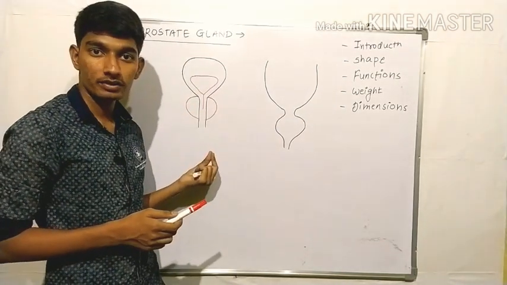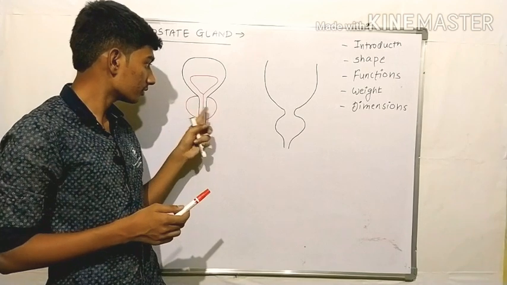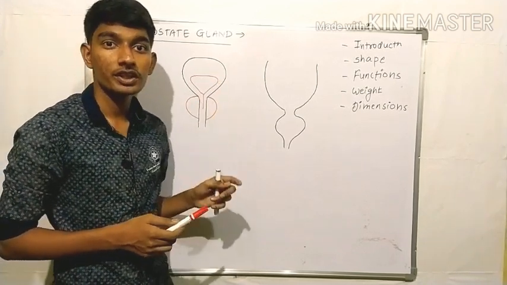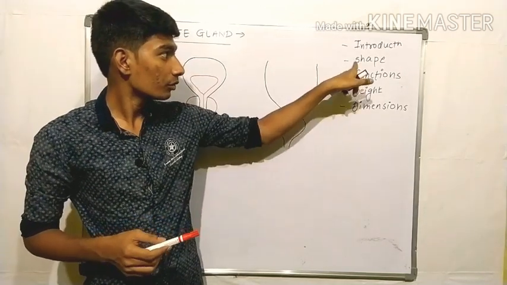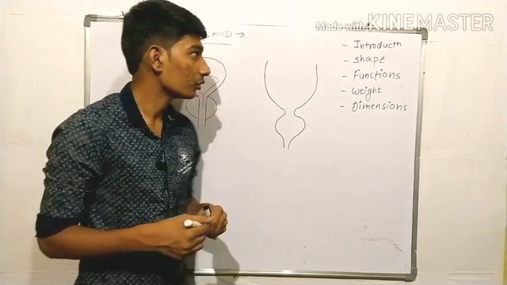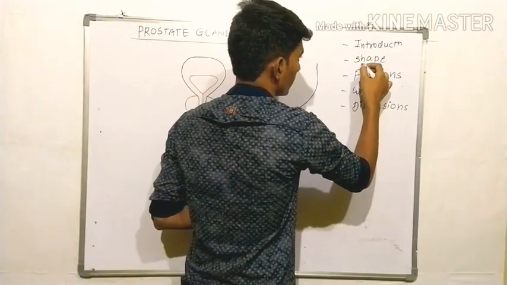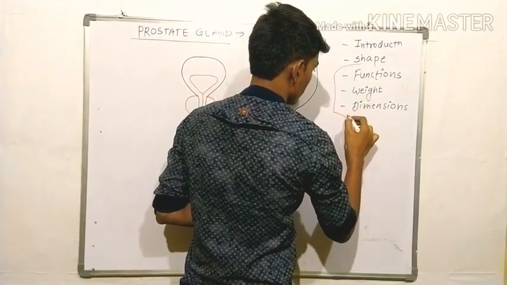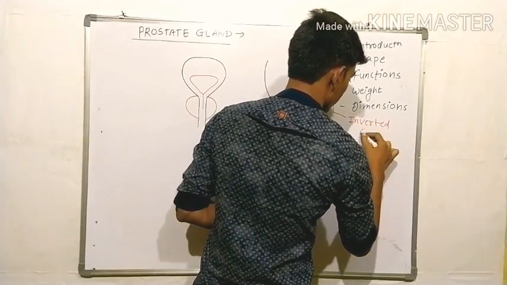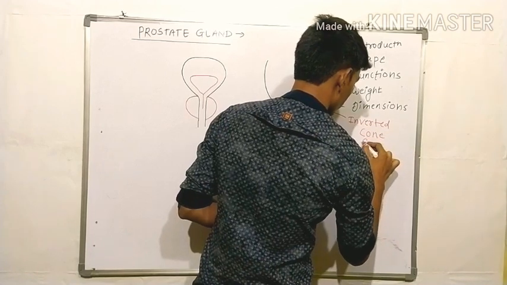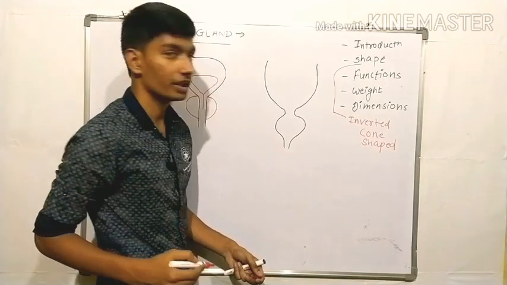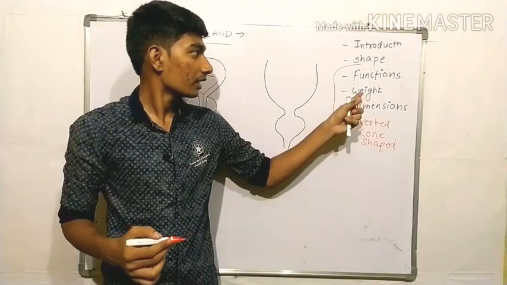It's like a pyramid, a fibromuscular organ situated below the urinary bladder. Now the shape is pyramidal or inverted cone shaped. The shape of prostate is inverted cone shaped. Function.